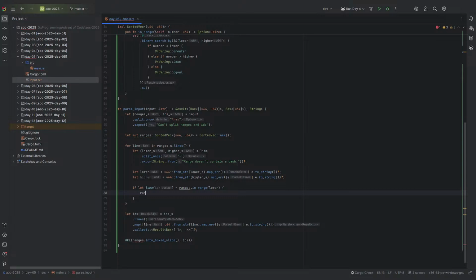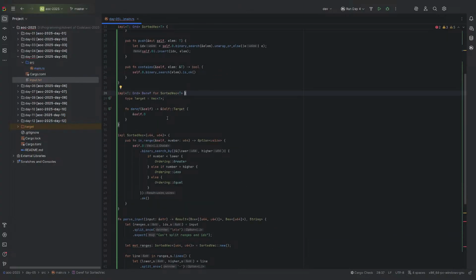I can do get mut, and get mut idx. This will work. I can implement direct mut as well, I guess.